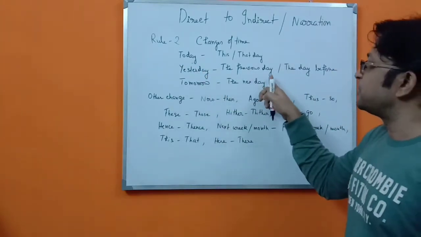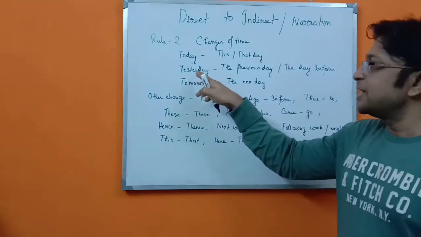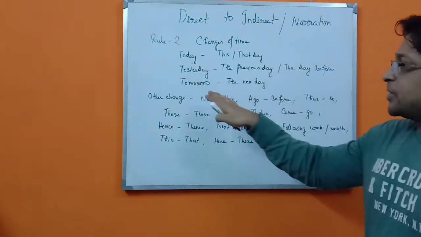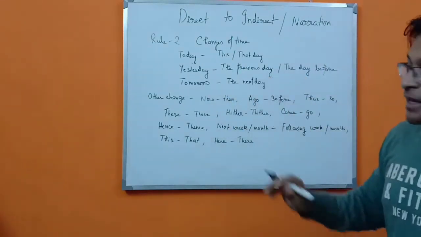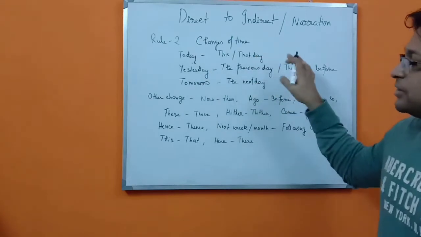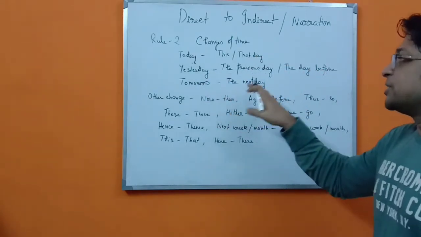Yesterday will change into the previous day, or you can write the day before. Both are correct. Tomorrow will change into the next day. So today will change into this or that day, yesterday into the previous day or the day before, and tomorrow into the next day.